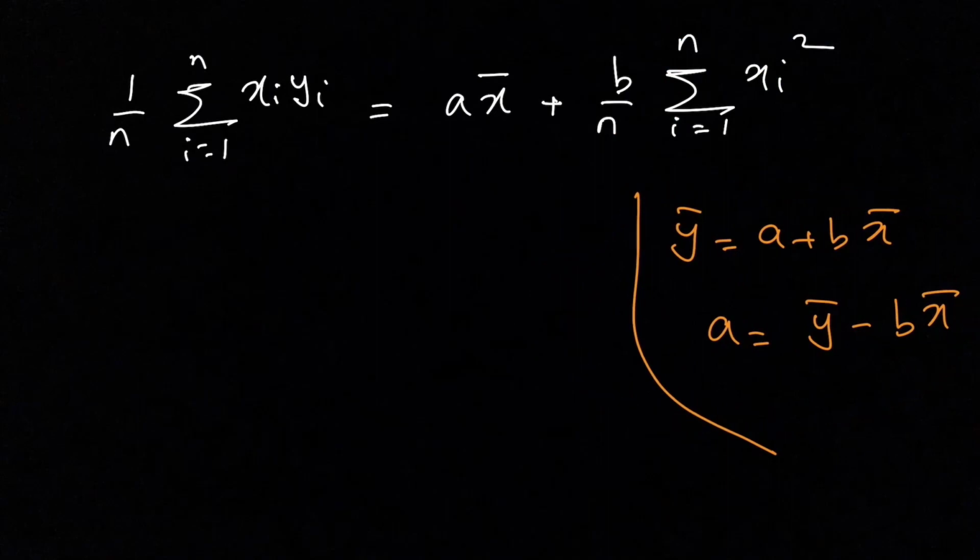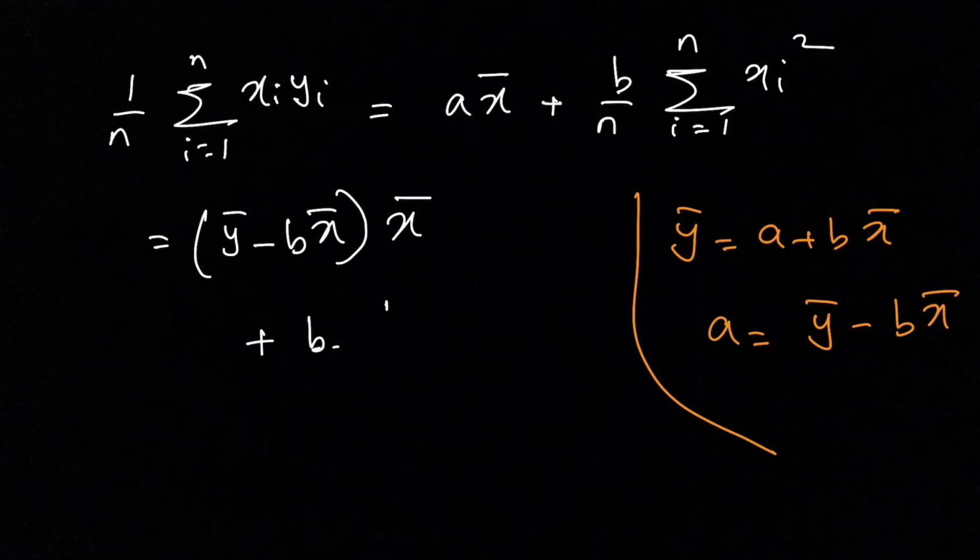Let me just make it yellow. Okay. So this will be nothing but a times, sorry, not a, y bar minus b x bar times x bar plus b into 1 by n summation i equals 1 to n xi squared.